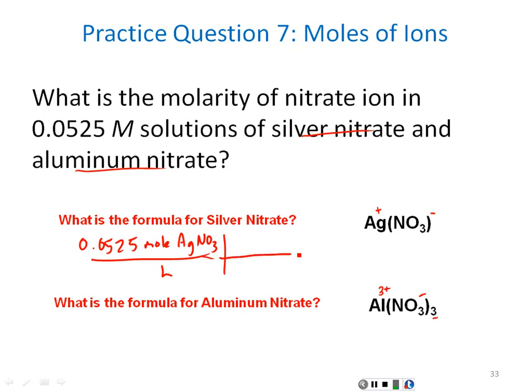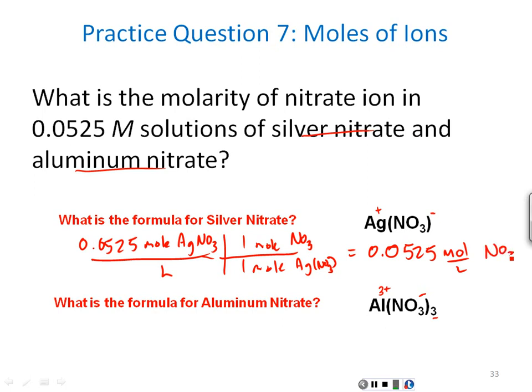Now we need to use the mole ratio in the chemical formula, and that would be 1 mole NO3 per 1 mole of AgNO3. So we're just multiplying by 1. So this becomes 0.0525 moles per liter of nitrate ion.